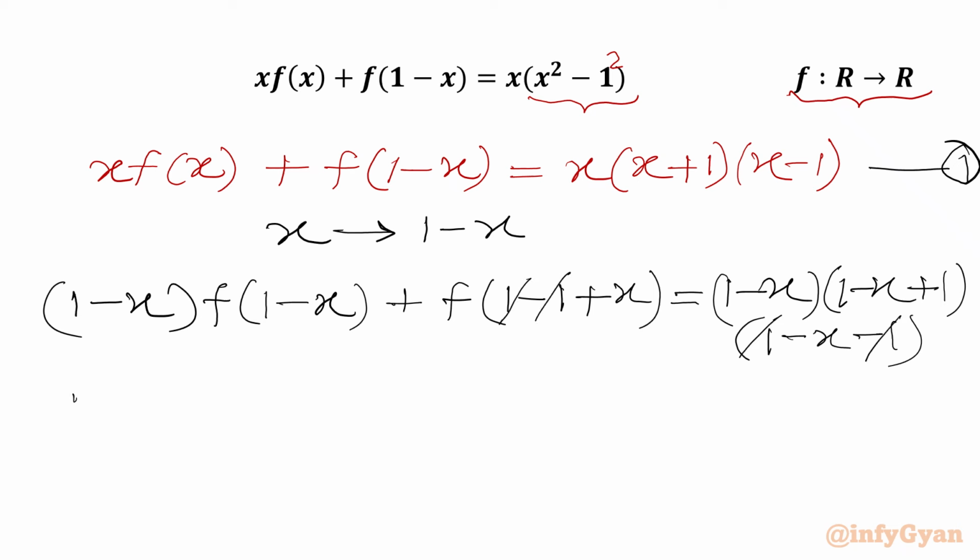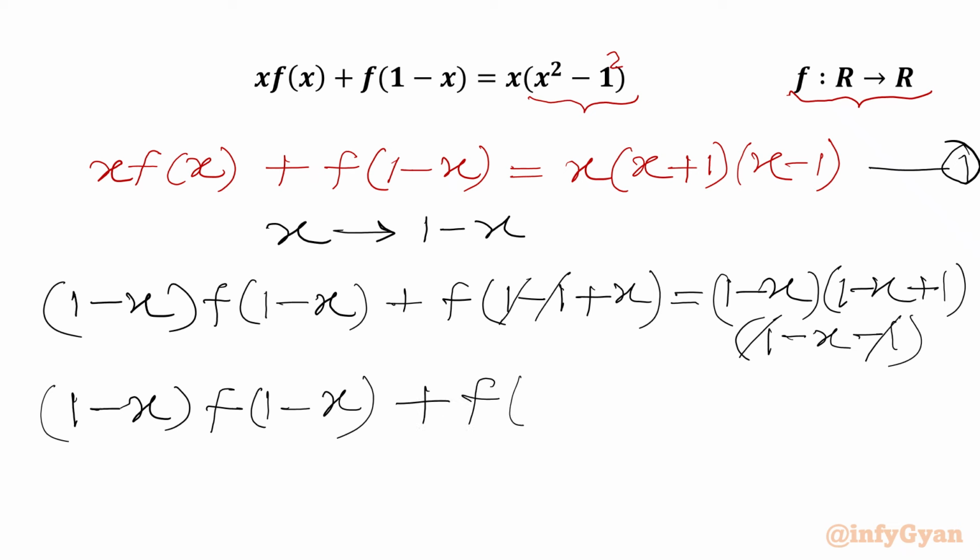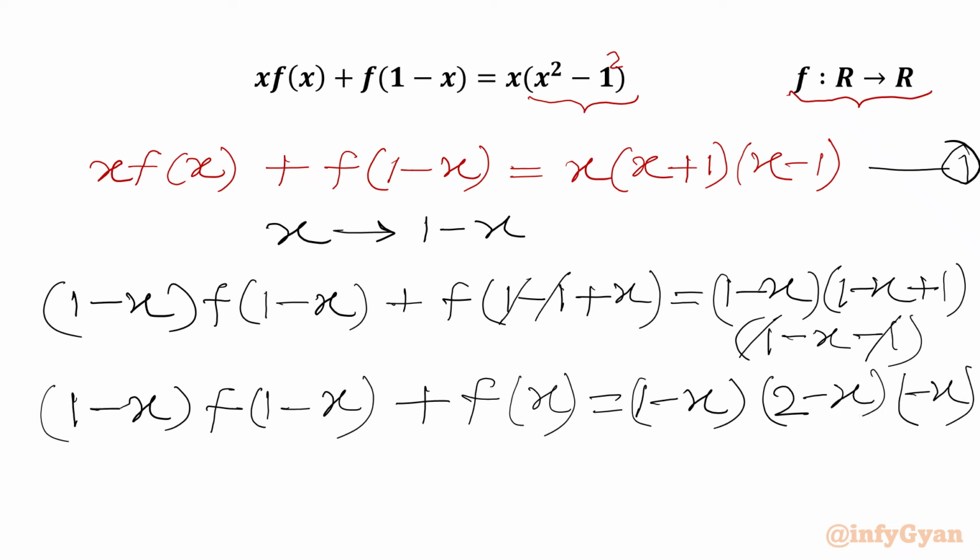So we can write the equation: 1 minus x times f of 1 minus x plus f of x will be equal to (1 minus x) times (2 minus x) times (minus x). Now I will take this minus sign and multiply here.